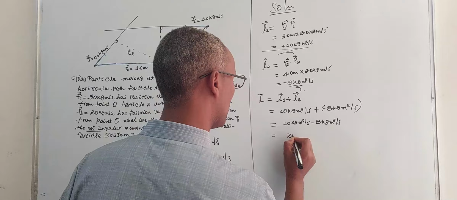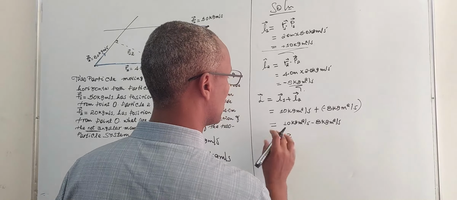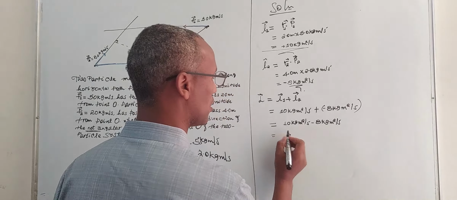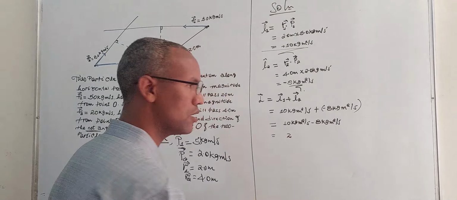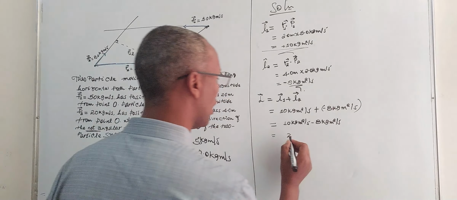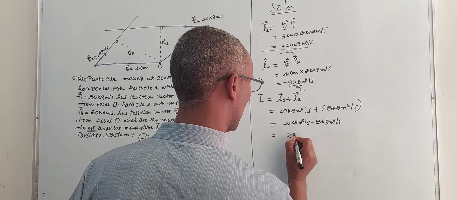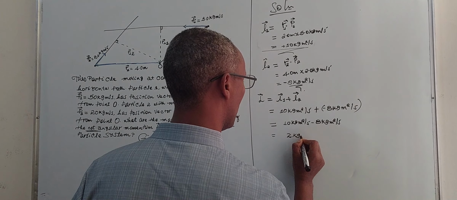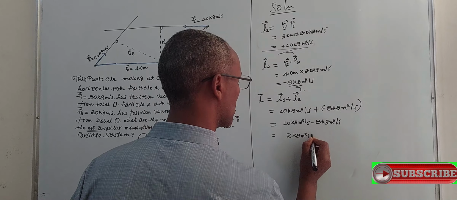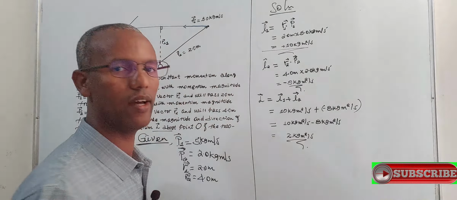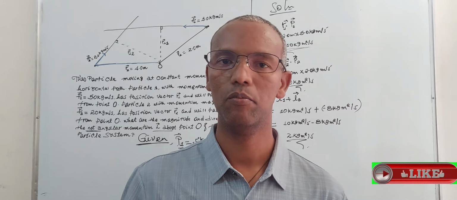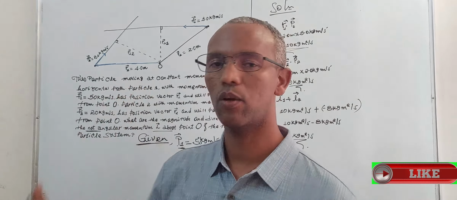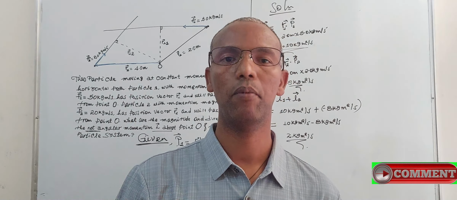Positive, which is basically out of the page. So you will get 2 kilogram meter square per second. That is the net angular momentum for particle 1 as well as particle 2.